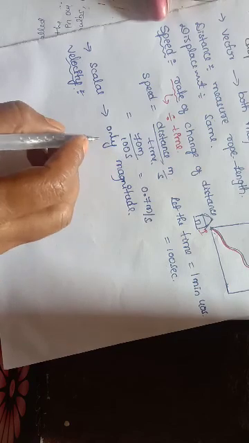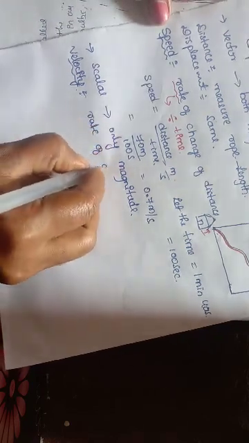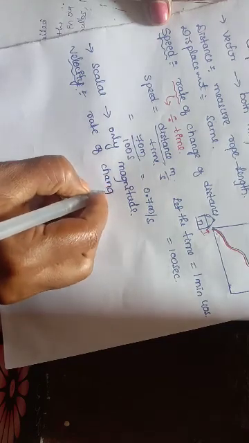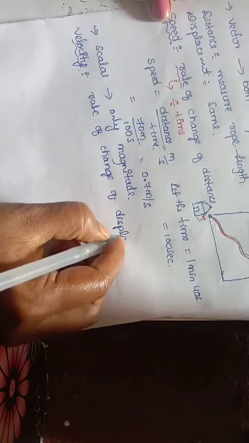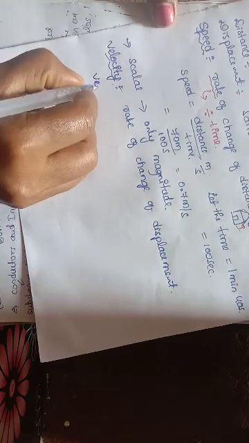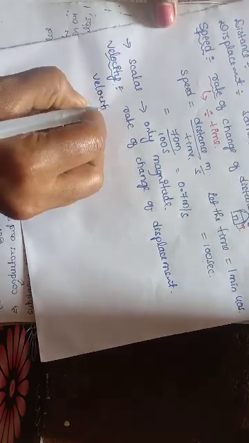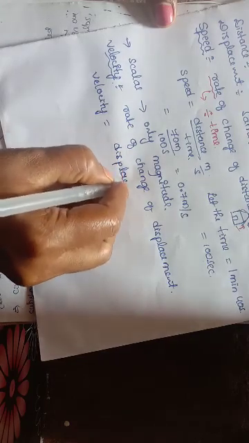So velocity, what is velocity? Rate of change of displacement is called velocity. So velocity is equal to displacement by time.